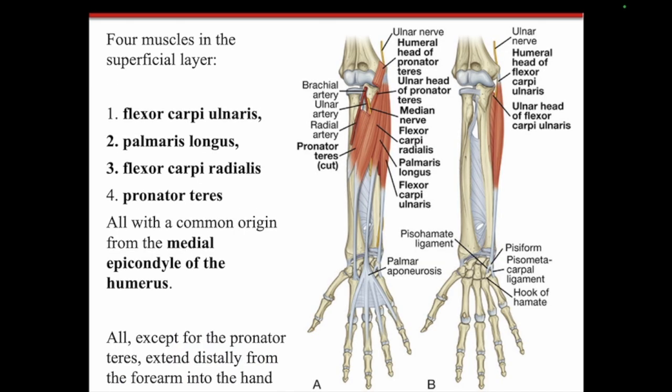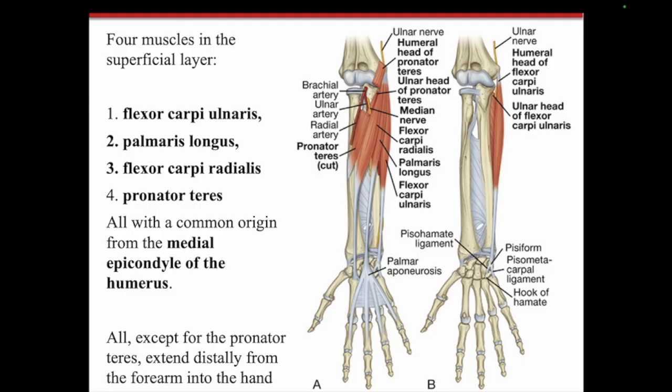For the superficial layer, your best friend is always the anatomical position. Know what is anterior and what is posterior, what is lateral and what is medial. In these pictures, if you're seeing the olecranon, you're seeing the posterior side. If you don't see the olecranon and you see, for example, a good view of the condyle, you have an anterior view.